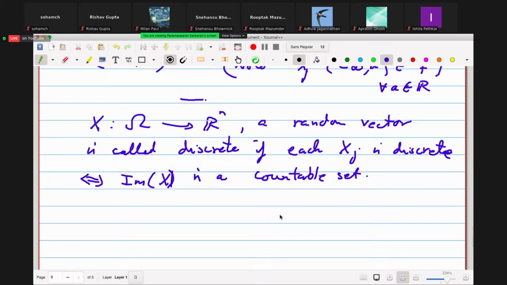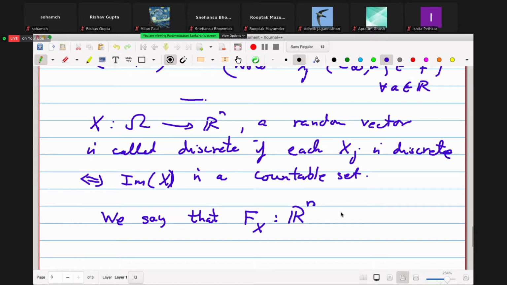I'll define, maybe, continuous also. First, I want to define what is meant by distribution function. We say that Fx, from where to where? Think for a minute.